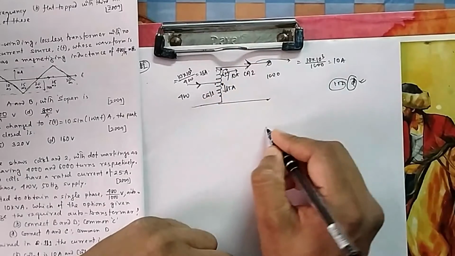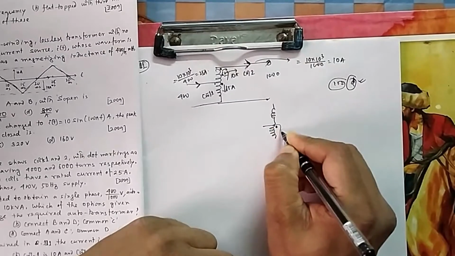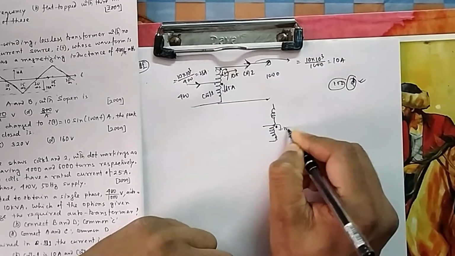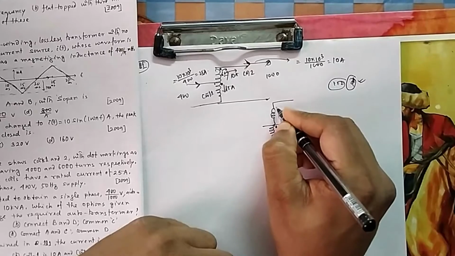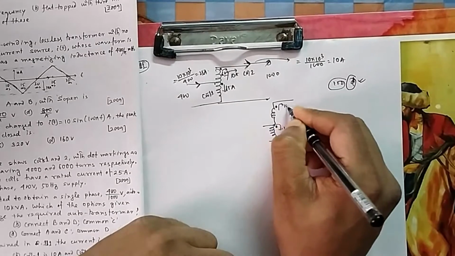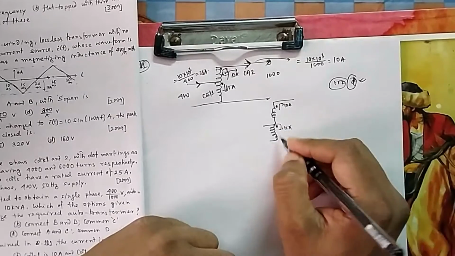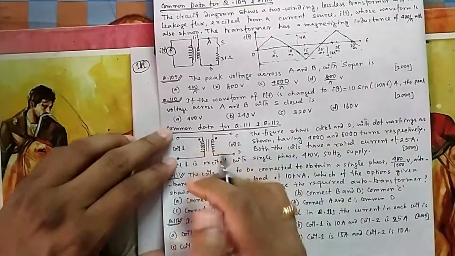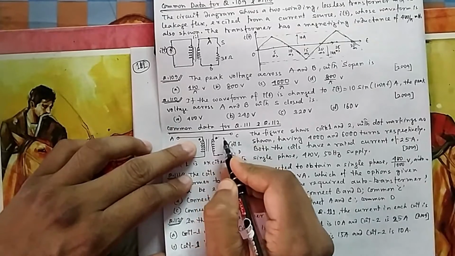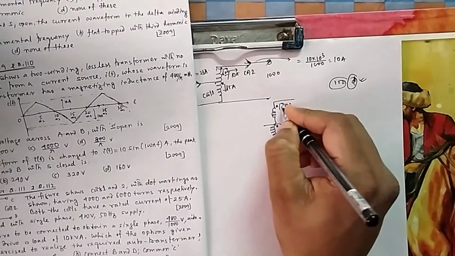Because here you can see, let me separate these two, the current of 15 ampere is entering through the dot, so due to this transformer action, the current should go out through this dot. This is 10 ampere. That is always the transformer convention: if through one dot it is entering, through the other dot it should come out. So that means this is your plus minus and this is your plus minus.